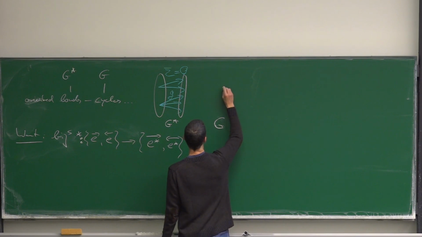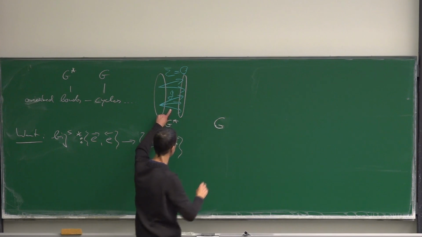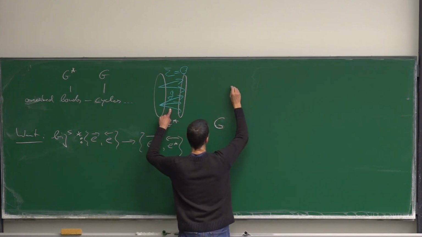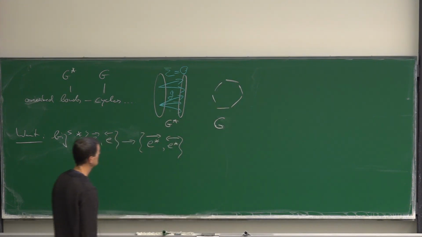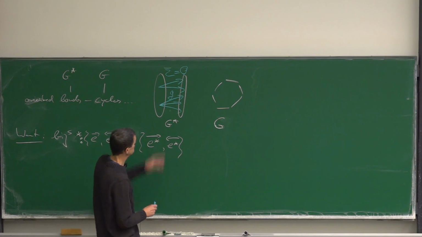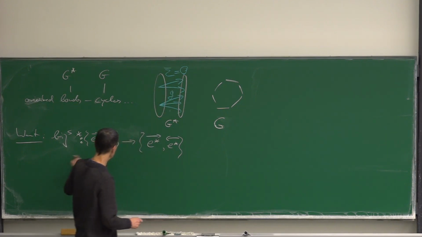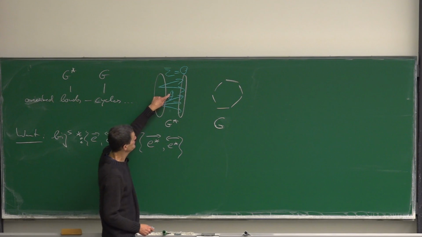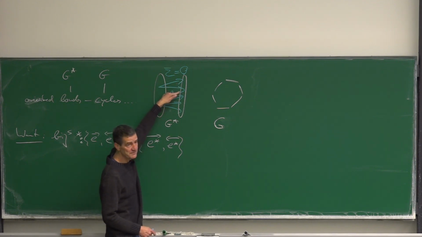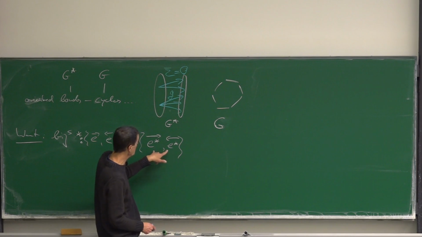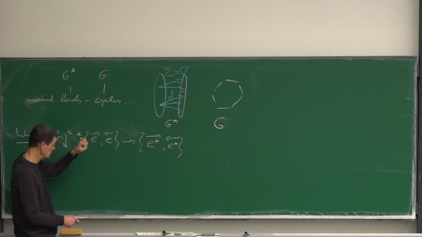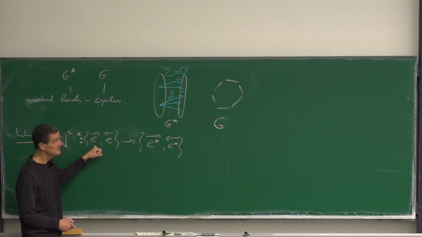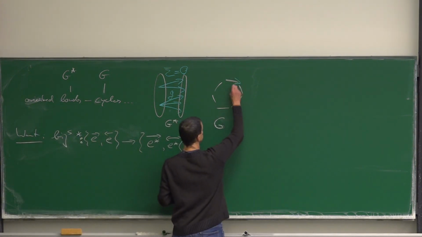Well, in G, we have these edges forming a cycle. Right, and we know that through this bijection here, the G value of some orientations of these cycles, so we have an oriented edge in G star, this one here, that corresponds via this bijection to an oriented edge on that cycle in G, for example, to this one.